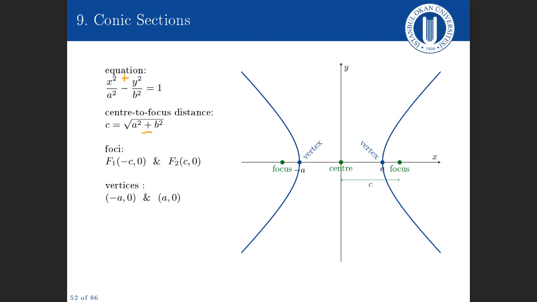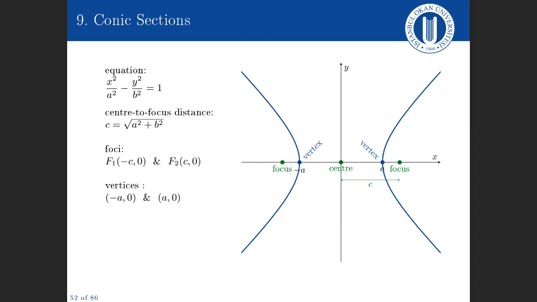Now we have a minus in the equation and a plus in the center to focus distance. Because we've got a plus in the center to focus distance, that's why it doesn't matter if a is bigger than b or b is bigger than a. And then the foci and the vertices are where we would expect them to be. The foci at (-c, 0) and at (c, 0), the vertices are at (-a, 0) and (a, 0).